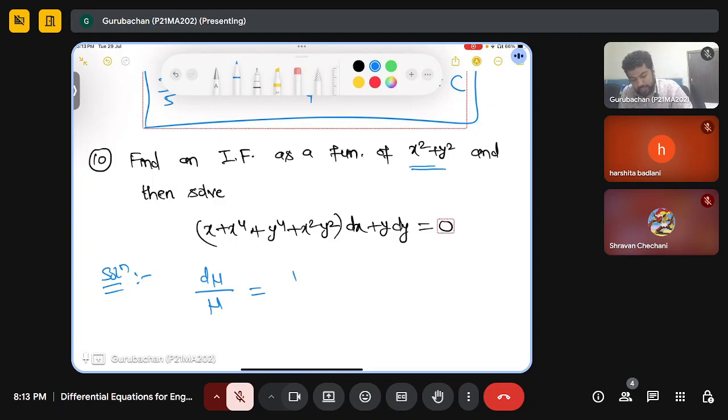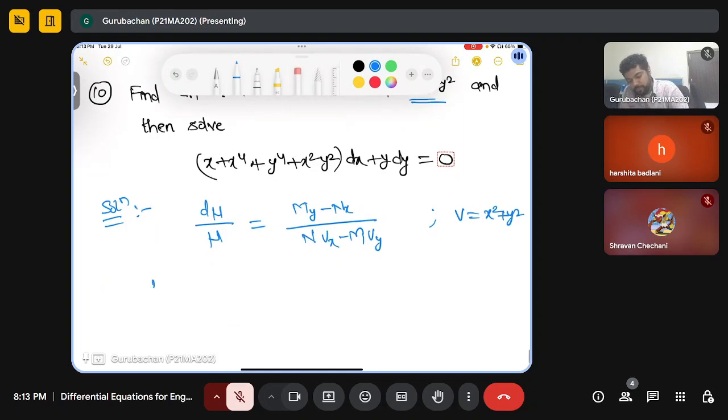So that means (M_y minus N_x) by (N v_x minus M v_y). Sorry, there's a mistake. Here v will be nothing but x square plus y square, and mu will be our integrating factor.